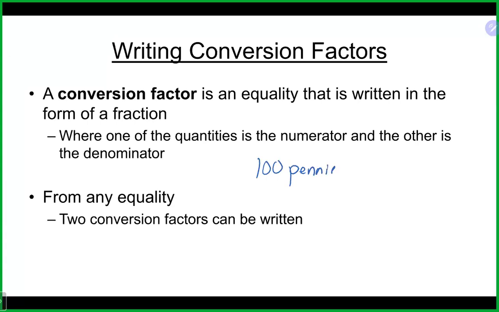So 100 pennies is equal to $1. They both represent the same amount of money, but on different scales. And from that equality, you can write two usable conversion factors.